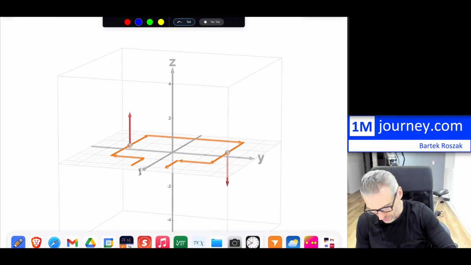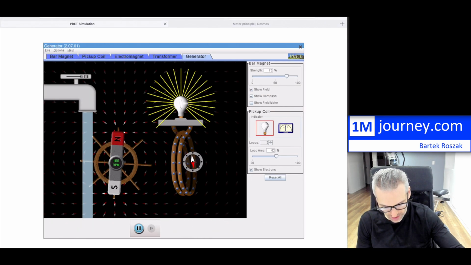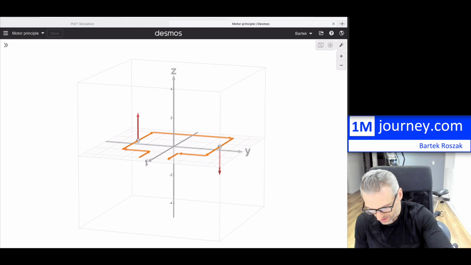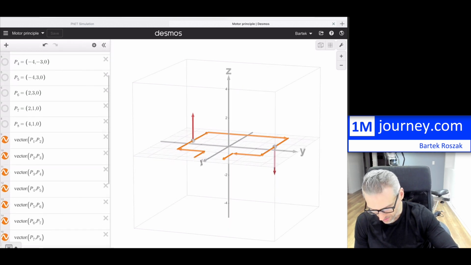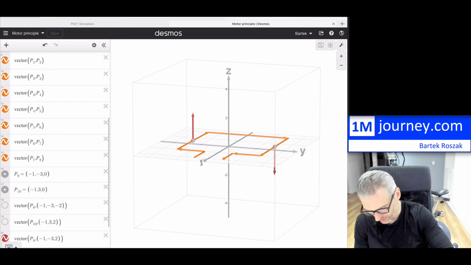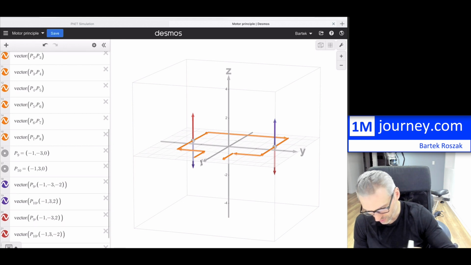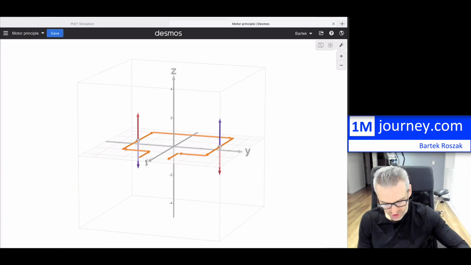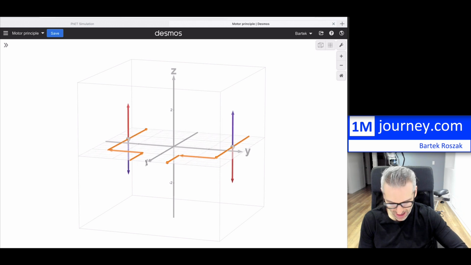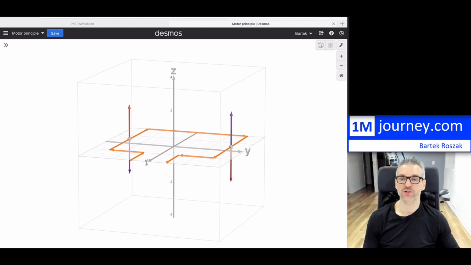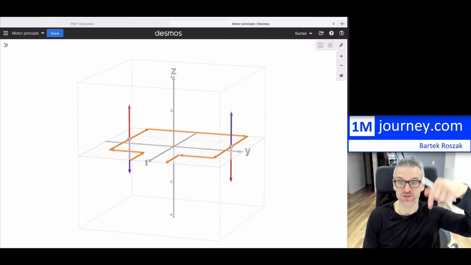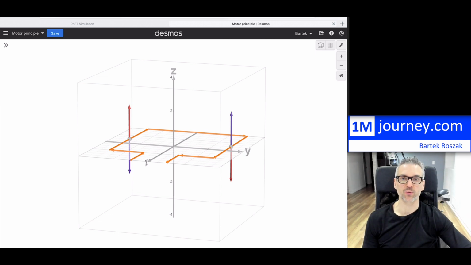So in other words, I have here the decimals figure. I'm going to just turn it on here. Those vectors, here is 1 and 2, are the two vectors that we have. The red ones pointing upwards are the force, and the opposing one is going to be downwards.